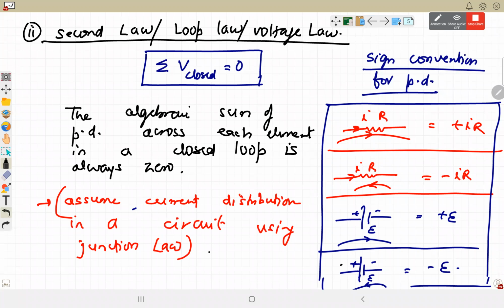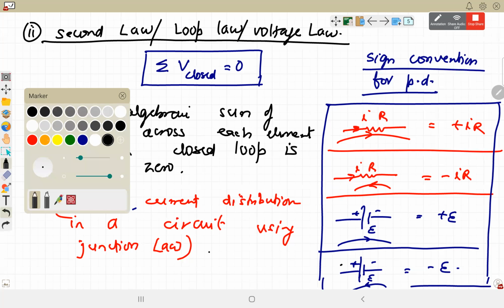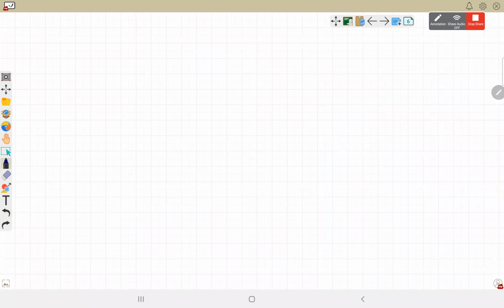So we will follow this in any closed loop. In any closed loop, we will find out the current distribution from each of the battery, as we did in the case of capacitor also.